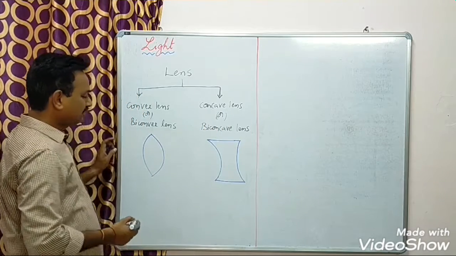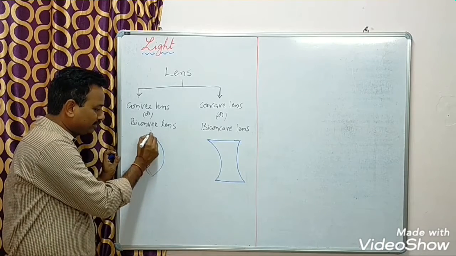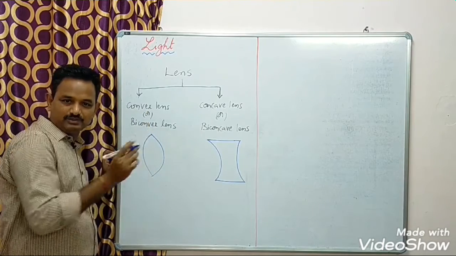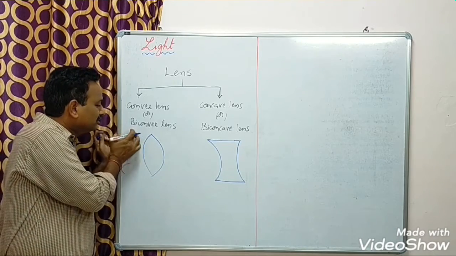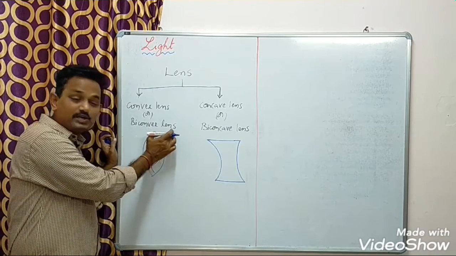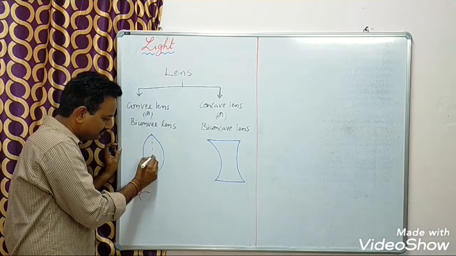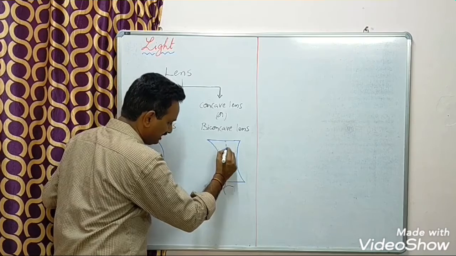Okay. So here we combined two convex lens actually. That means two monoconvex lens. That's why we used to call it as biconvex lens. See, at its middle, if you see here, there is a partition. Okay, here also one partition is there.